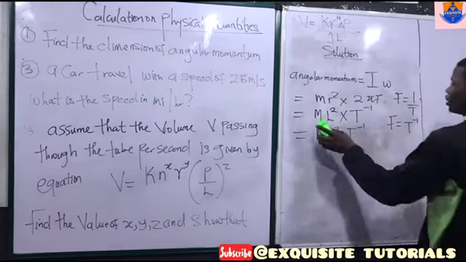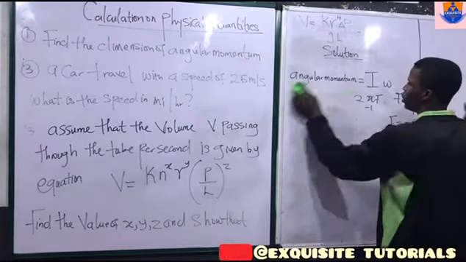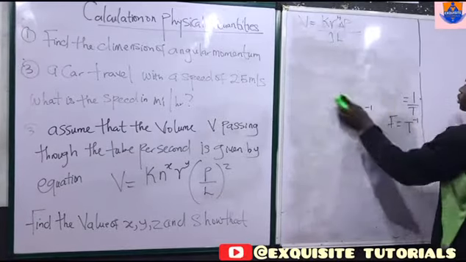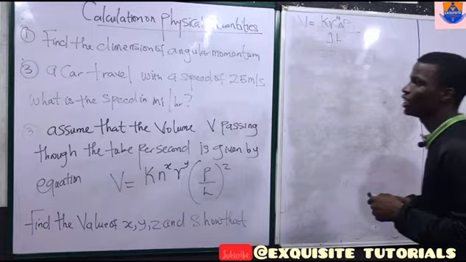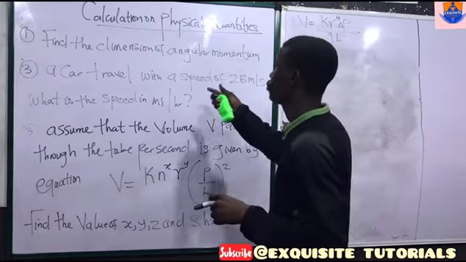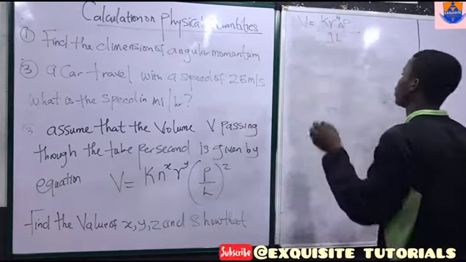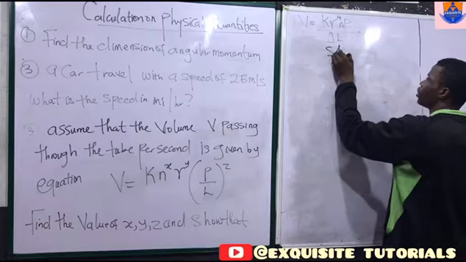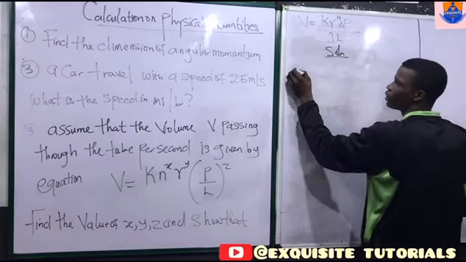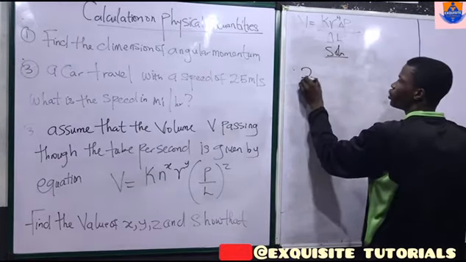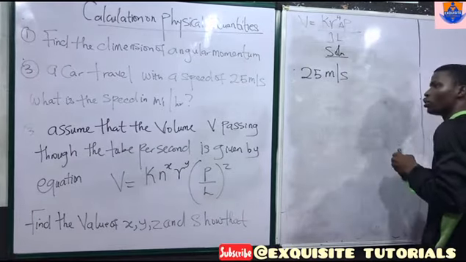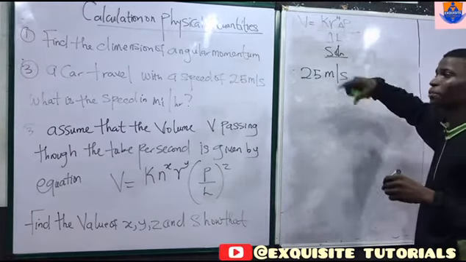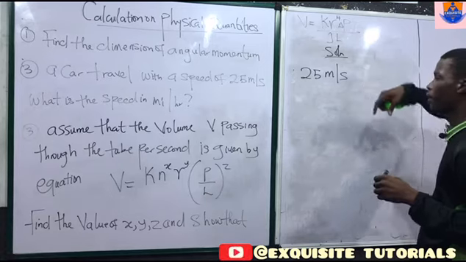So let's move to the next question. Let's be fast. The next question said, a car travels with a speed of 25 meters per second. So they now ask, what is the speed in miles per hour?